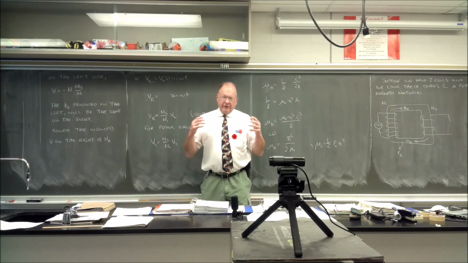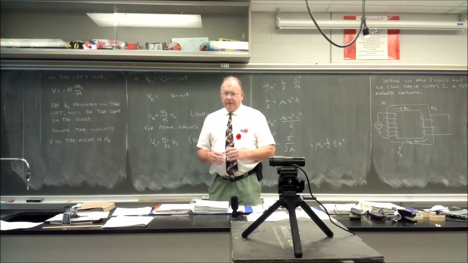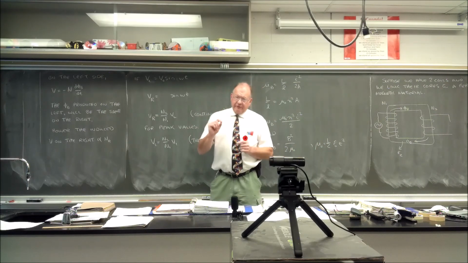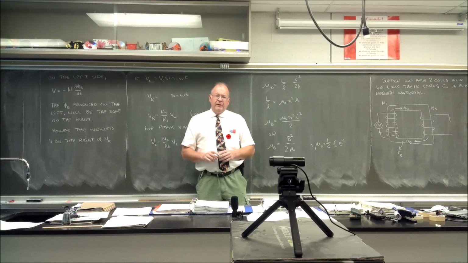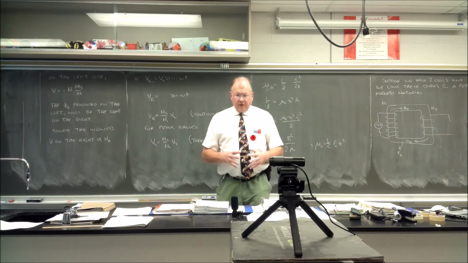The problem was Edison only understood direct current, and he wanted to make DC generators, because it's very, very difficult to change the voltage of a DC flow after it's been set up. We do this today a little bit, but in those days that was difficult.